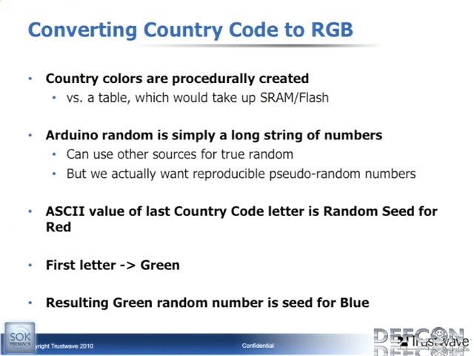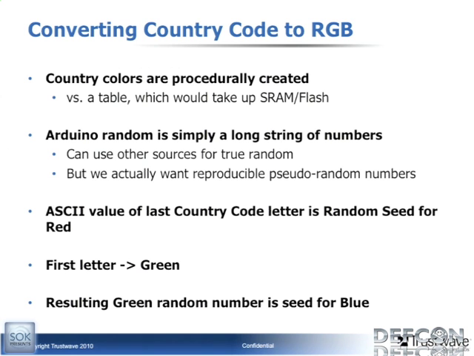How I did that was I took the country code and, using the random function inside of C, I made up a color on the fly. The random is pseudo-random, so it's not really random. It's always going to be the same. So once you learn the color for a country, and oddly enough, US was green, I thought that was kind of interesting. But some other countries were red, and you'll find those out on your own. It was kind of apt, I'm just saying.